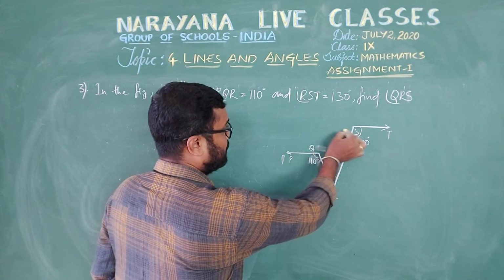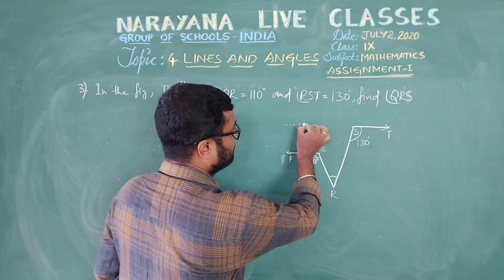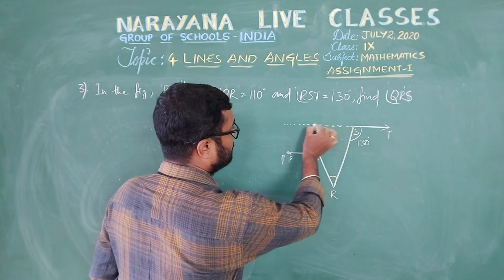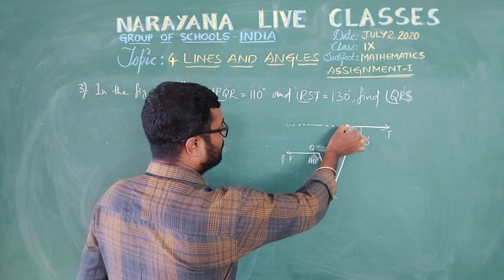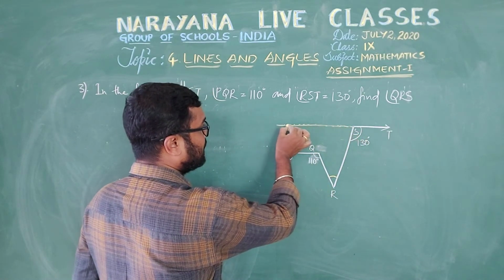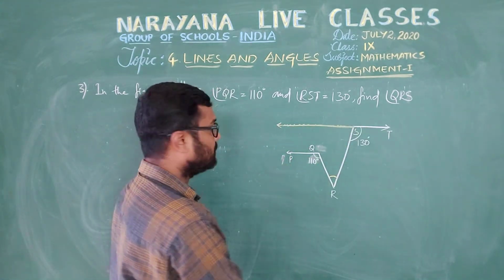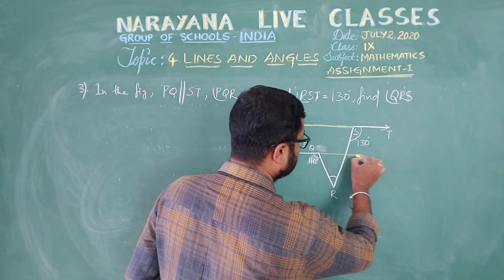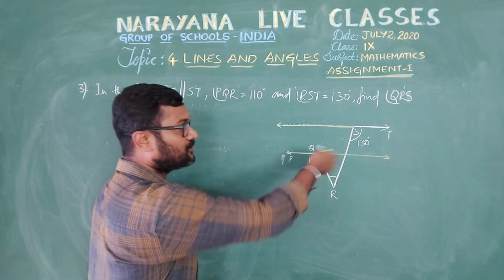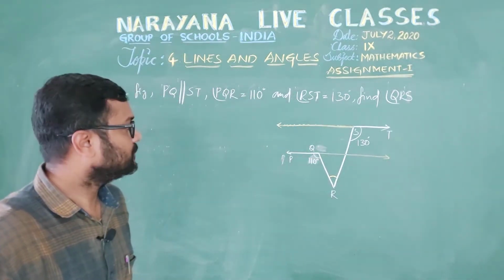See, this is a line, isn't it? So if you take one line like this, extend this line and extend this line also. These two lines are parallel to each other, isn't it?